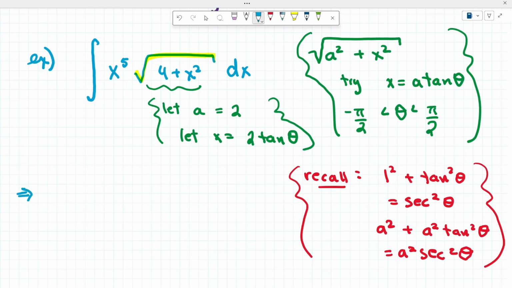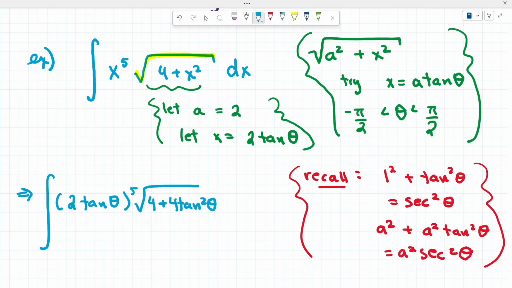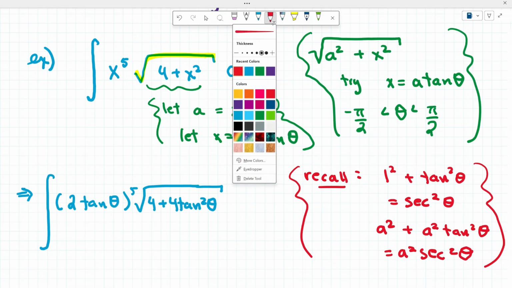We're going to go ahead and do our substitution. We now have the integral of (2 tan theta) to the power of 5 multiplied by the root of 4 plus 4 tan squared theta, and since we did our x substitution, we then have to figure out what dx is equal to.